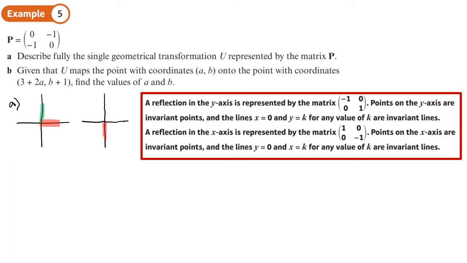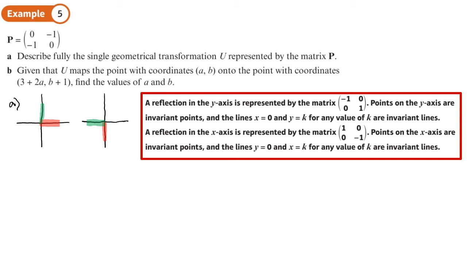So the red one would be in the first column, and that's in the first column of this transformation matrix. The second column is -1, 0. So that's going to be where the green one goes. So -1, 0 is going to be here. So what I now need to work out is, what is going to move that green and red point round to the new green and red point?